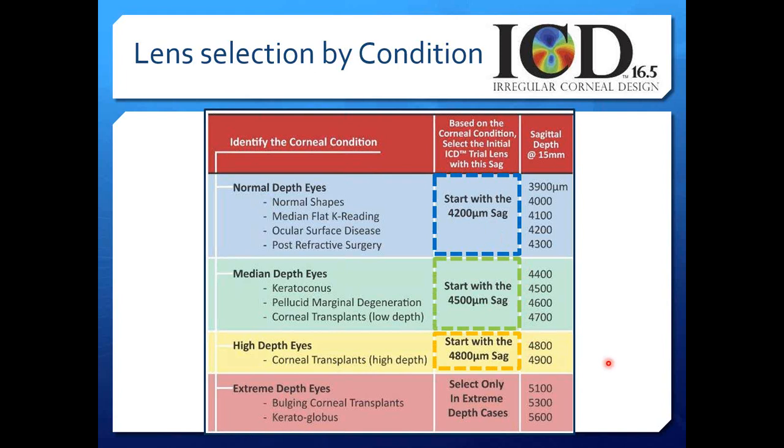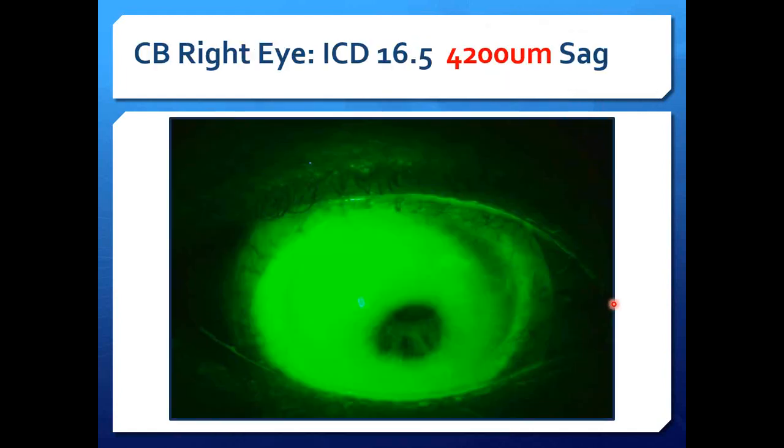And then if you have an extremely high depth eye where it's a keratoconus globus or an awesomely bulging graft, then you might go up to your highest sagittal depth lenses. But for the most part, a 42 and a 4500 micron SAG lens will fit most of the patients that come through the door as a starting point.